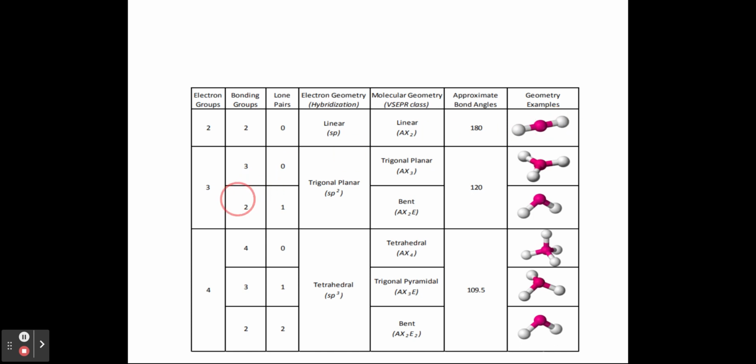and that gives you your linear shape. If you have 3 electron groups, right, that means you're going to need 3 hybridized orbitals, because you need orbitals for those electron groups to occupy, and you need that shape. So what's going to happen is you're going to take an s and 2 p's, and you're going to hybridize so you can get 3 sp2 hybridized orbitals.